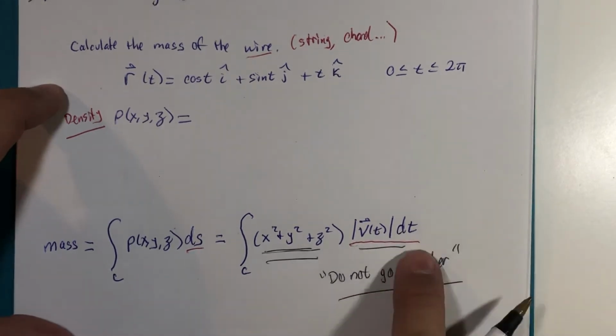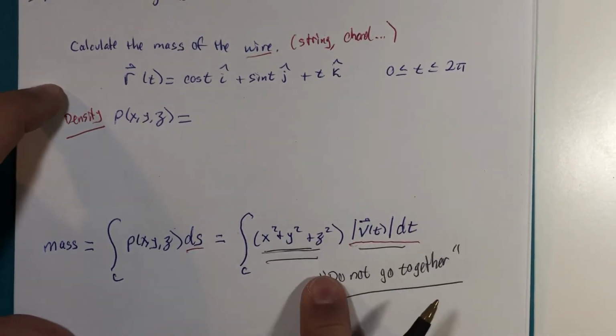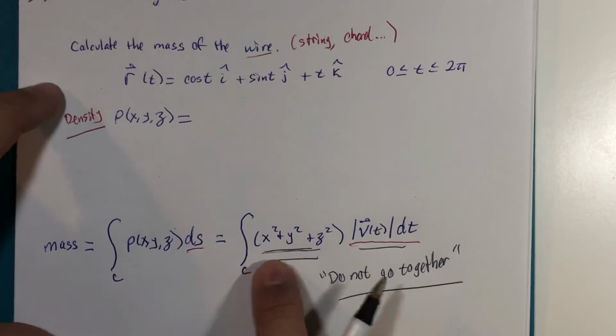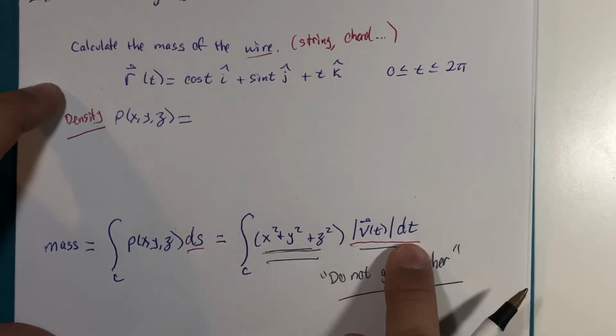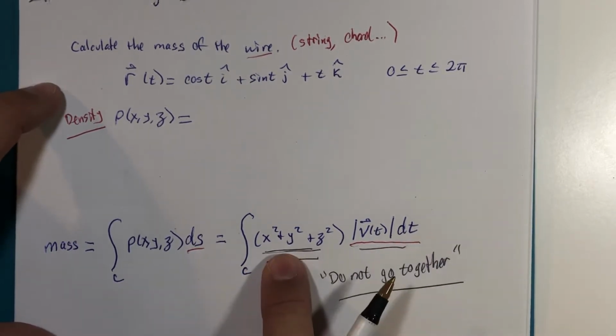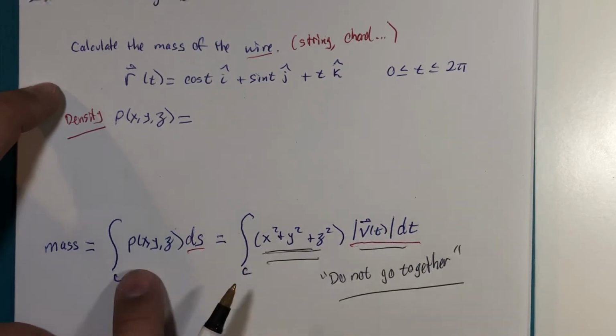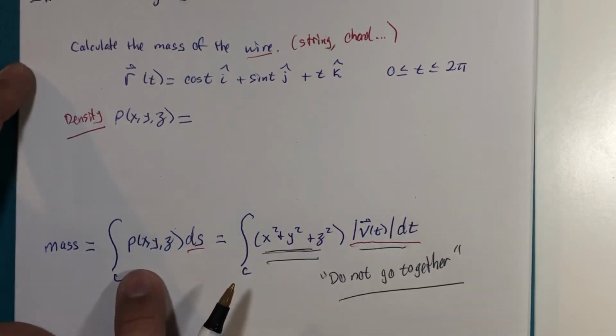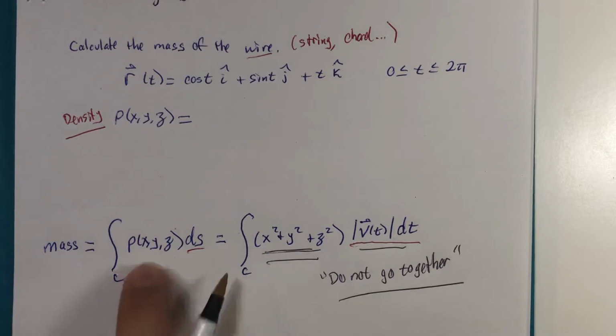This is not a fully converted formula. This is in terms of x, y, and z, but that's clearly the variable t. This has to go. But as an in-between step, this doesn't really tell you what you need to calculate.